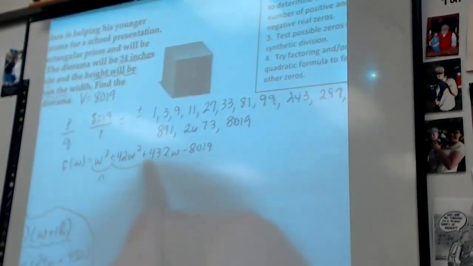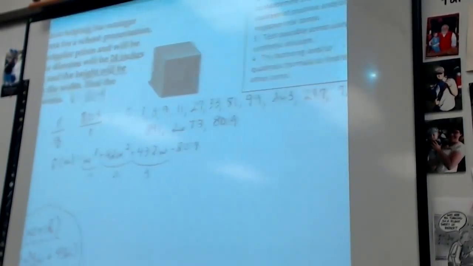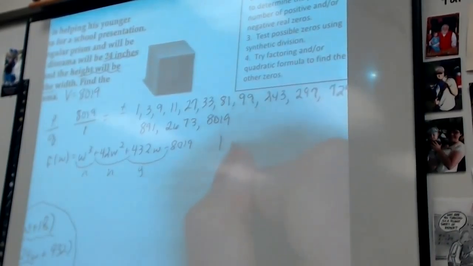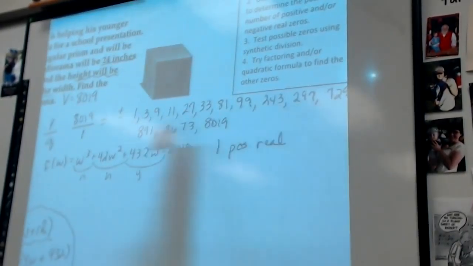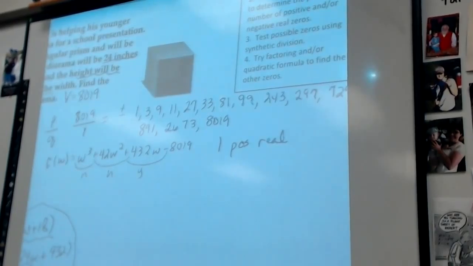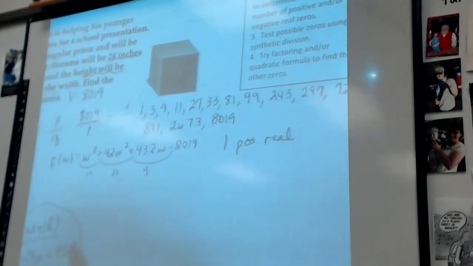No. No. Yes. So how many positive real? Now, that could include irrationals. This only gives us possibilities for rationals. So what I'm hoping is that that one positive real is going to be a rational. And I believe it will be because I think irrationals kind of come in pairs, like complex, if I remember right.